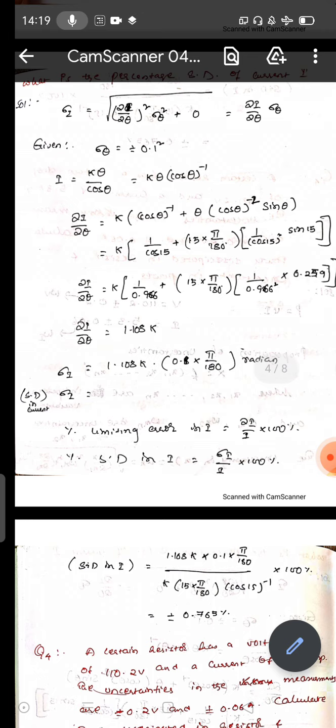I am converting that into radians, pi by 180 degrees, and cos theta, I am inversing, cos 15 degrees inverse. So you will get this value. The k is cancelled above and below. So this is one way of representing in percentage the error in the standard deviation.